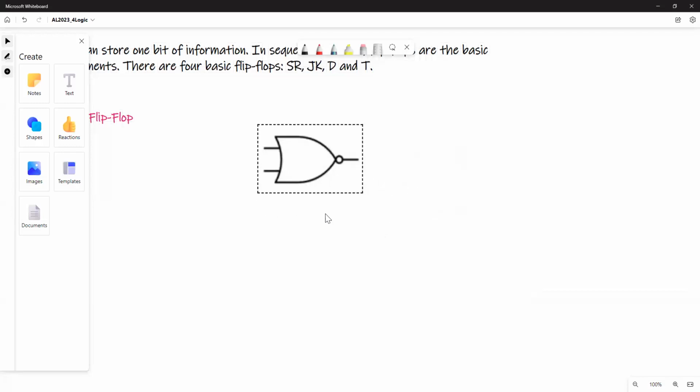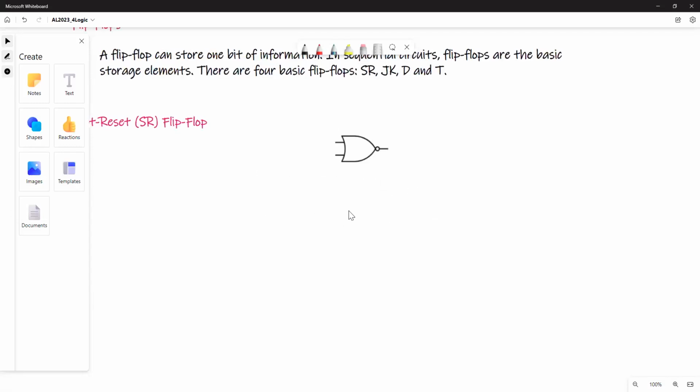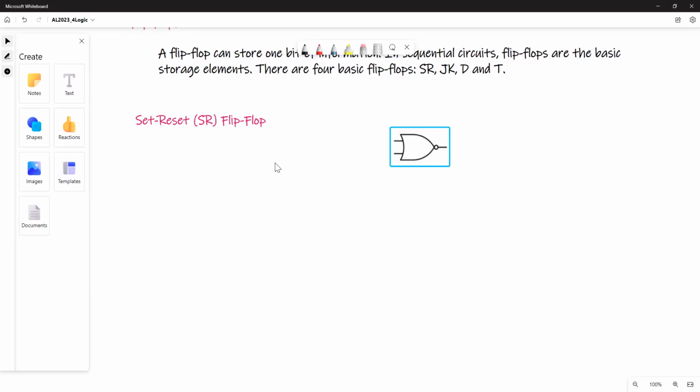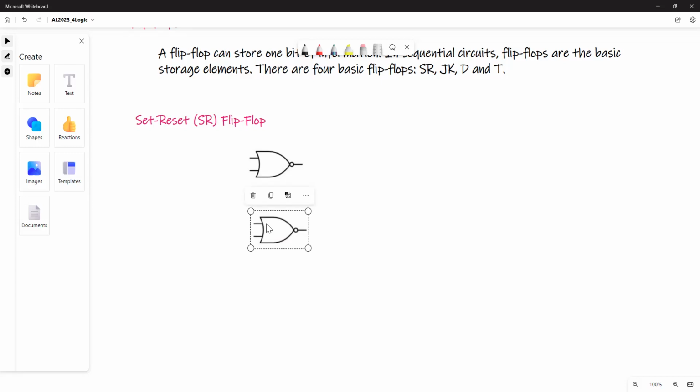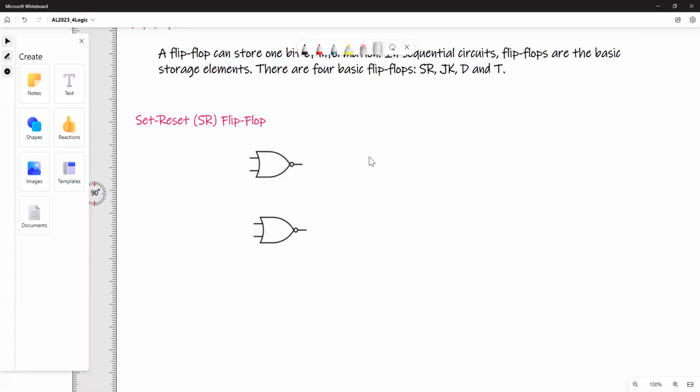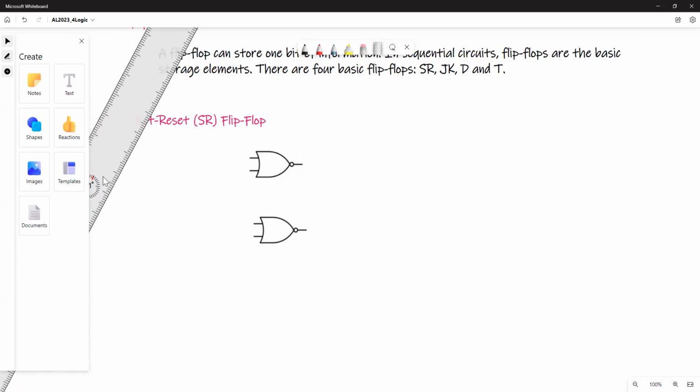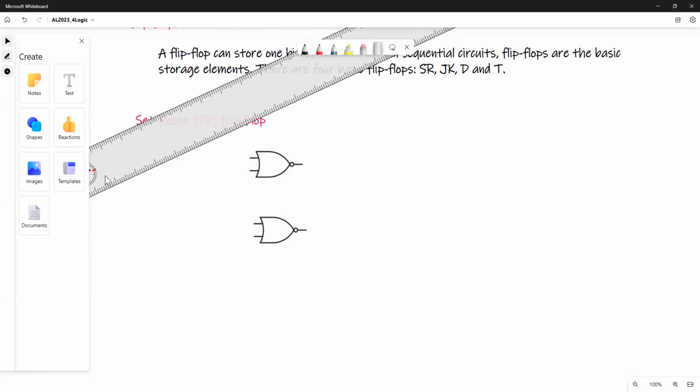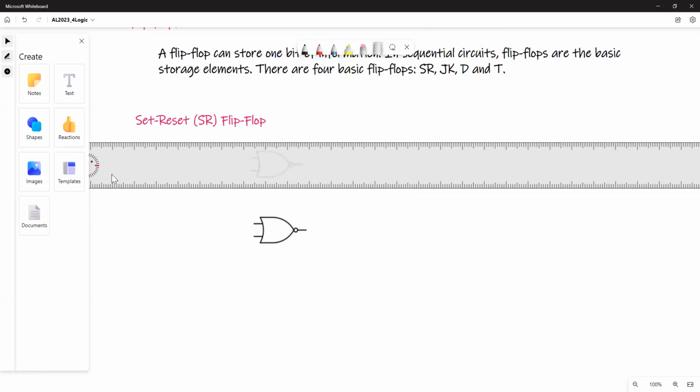I'm going to get two NOR gates. And this is how we are going to connect this one. So just have a look at it. So we are going to combine, and we are going to define set reset like this.